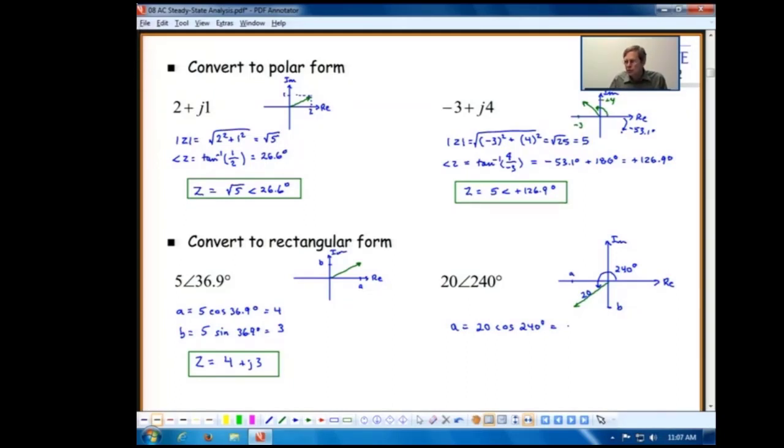It's the tangent where it repeats in two of the quadrants. So this is negative 10, and B is 20 sine 240, which is negative 17.3, giving us a complex number z in rectangular form of minus 10 minus j 17.3.